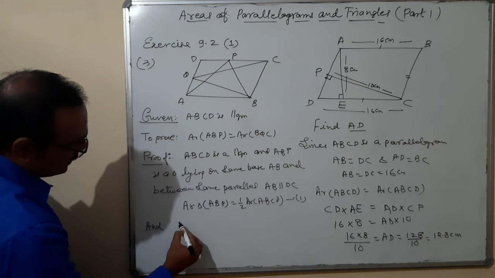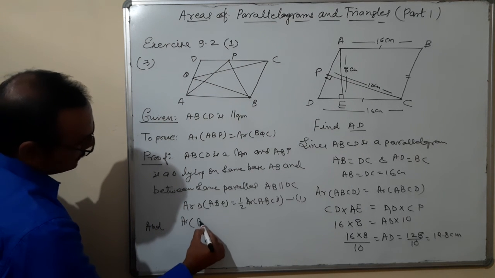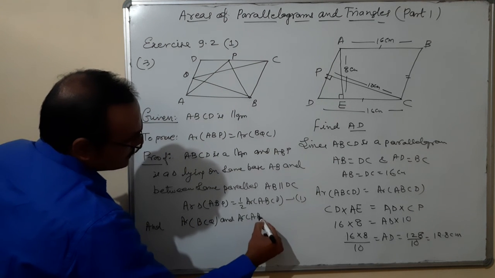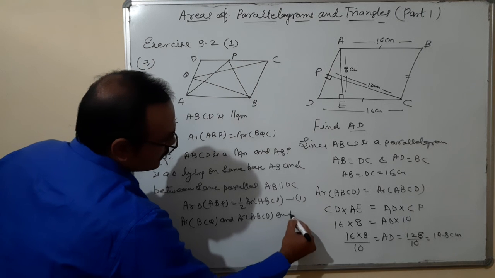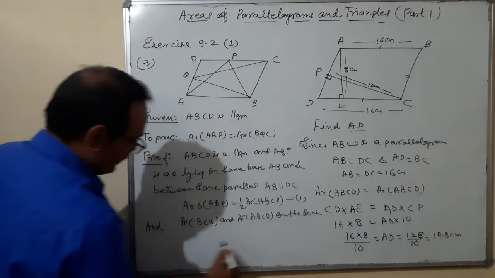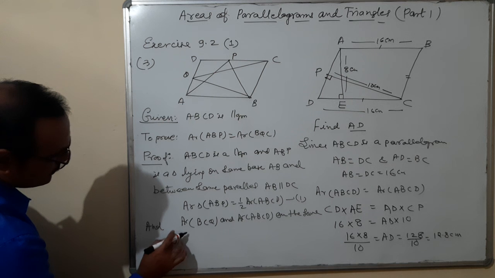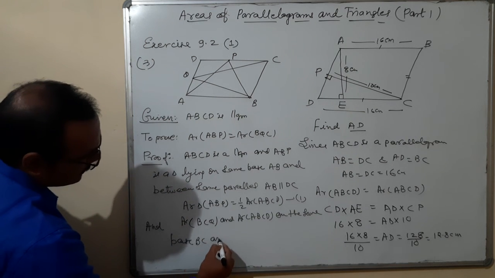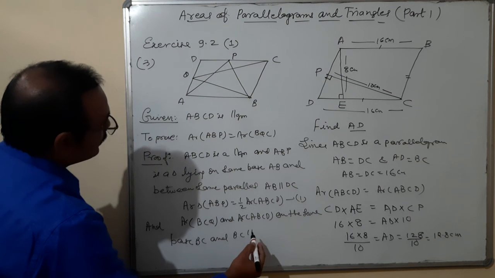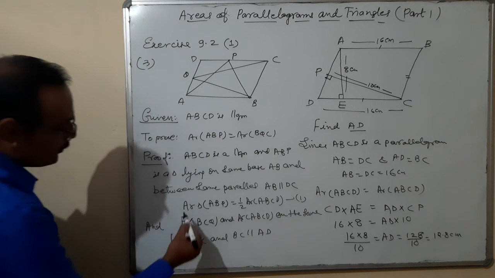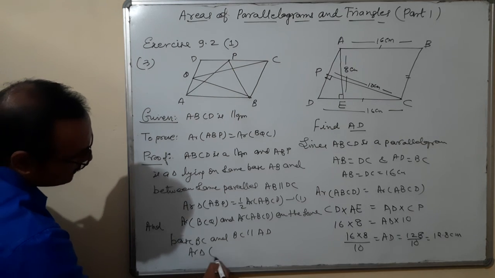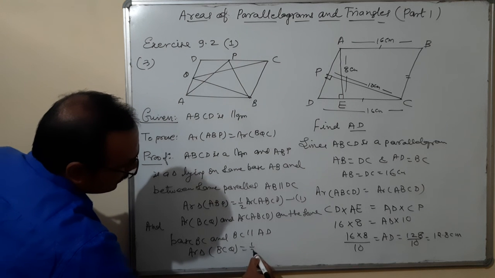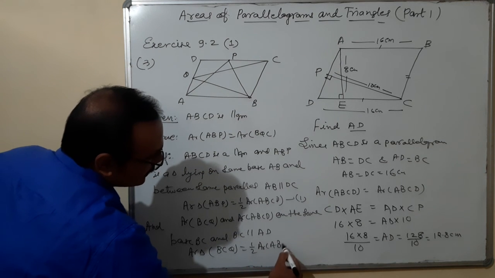Same as the area of triangle BCQ and the area of ABCD on the same base BC, and BC is parallel to AD. Therefore, may I write the area of triangle BCQ is equal to 1 upon 2 the area of parallelogram ABCD.